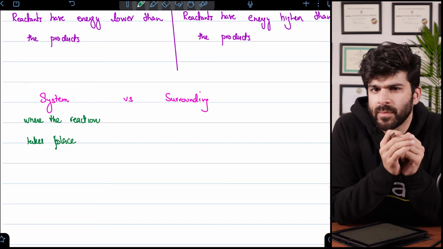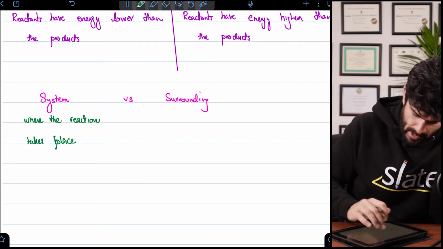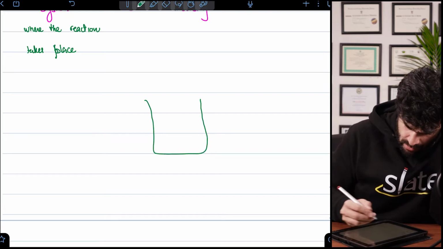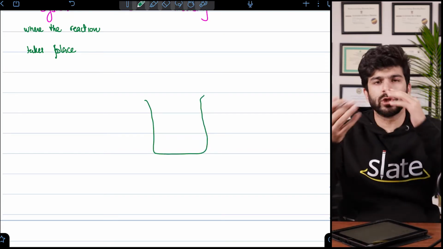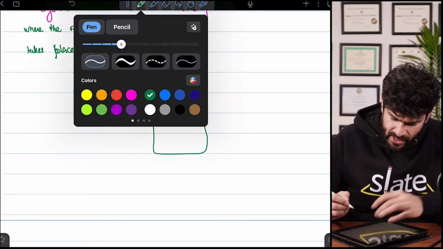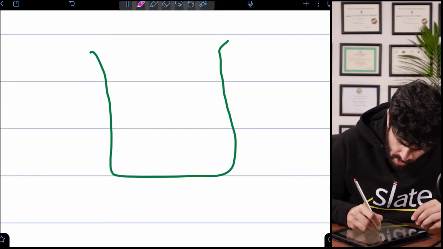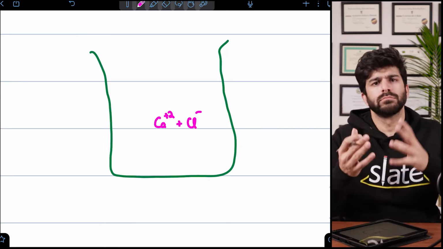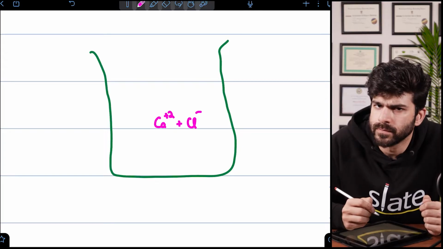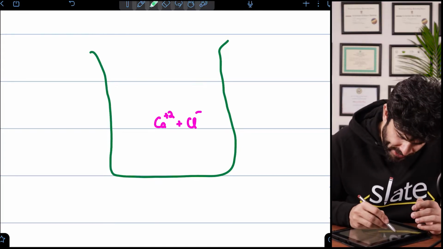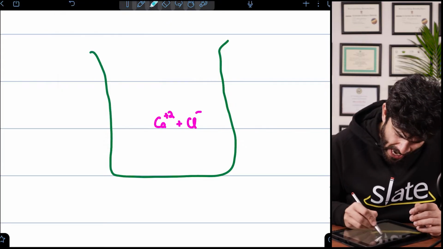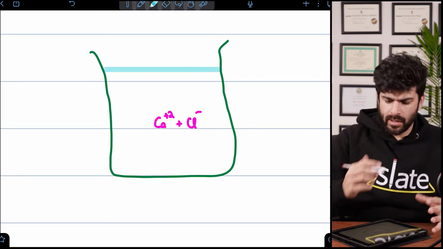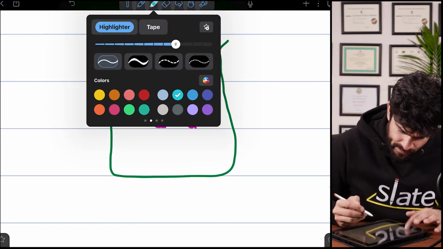Now, there is always a confusion among the students. If I tell you that this is a beaker and we have a reaction going on between, let's say, calcium and chloride ions. Just assume that's the reaction going on. And all of it is an aqueous solution.